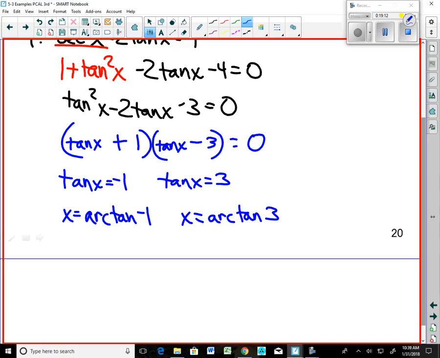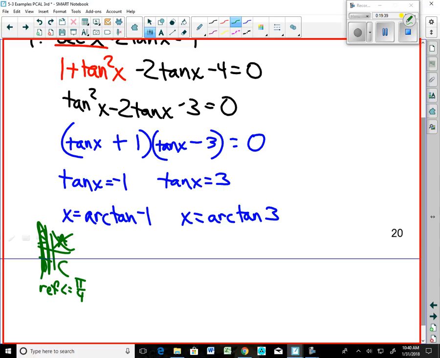Notice it didn't give me a range, so I am going to have to go the plus pi n when I get that far. So here, all students take calculus, but now we're using that first or fourth quadrant, and it is negative, so we're going to use that. We already did one like this. What was the reference angle?